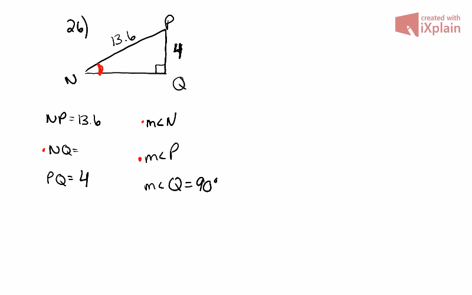Now, when I look at angle N, and I look at the side lengths that I know, I notice that I have the 4, which is opposite angle N, and I have the 13.6, which is the hypotenuse of the triangle. So I would have opposite over hypotenuse, which is, of course, sine. So I know that the sine of angle N would be equal to 4 over 13.6.